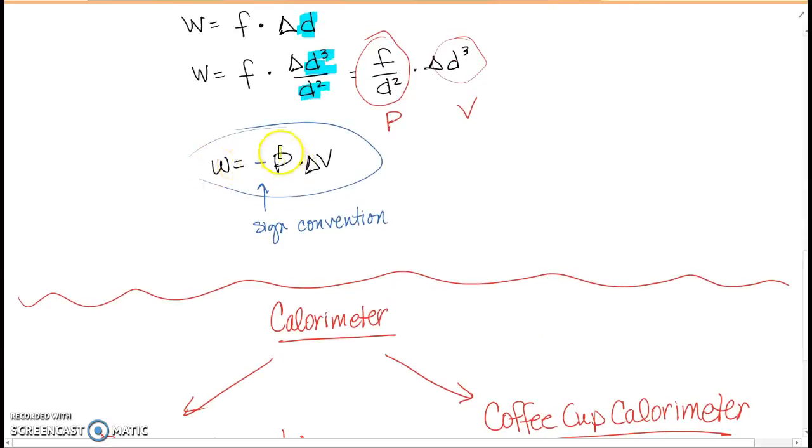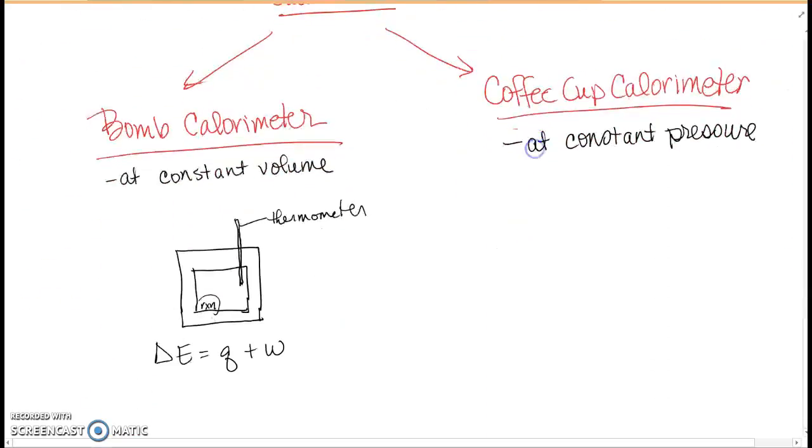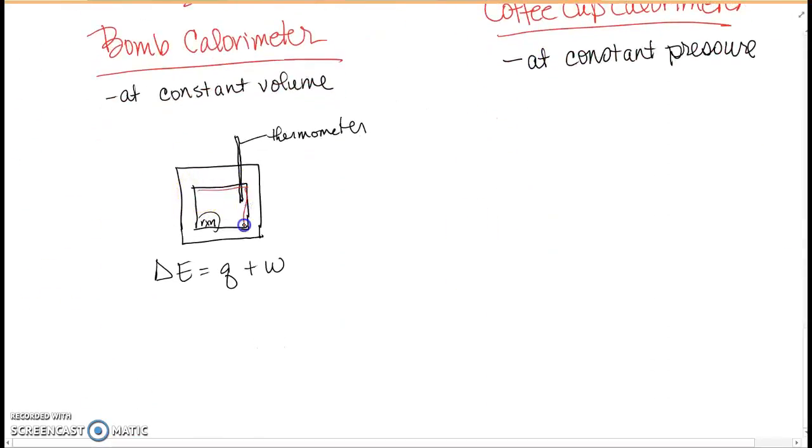If W is the pressure times the change in volume, but if the volume cannot change, if the change in volume is 0, then work is 0. So in the case of a bomb calorimeter, because this volume is fixed and cannot change, work is 0. And that means that in a bomb calorimeter, all of the change in energy is from heat flow, Q. And we'll call that Q sub V. That means Q at constant volume.